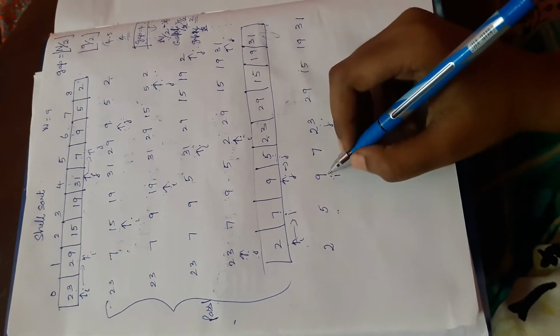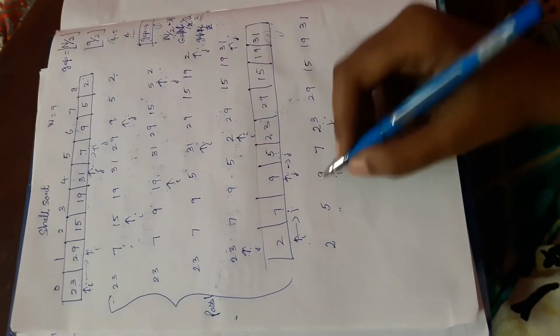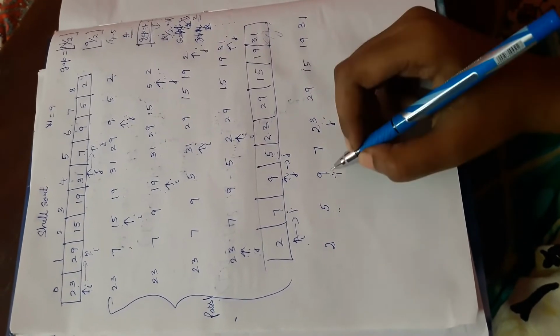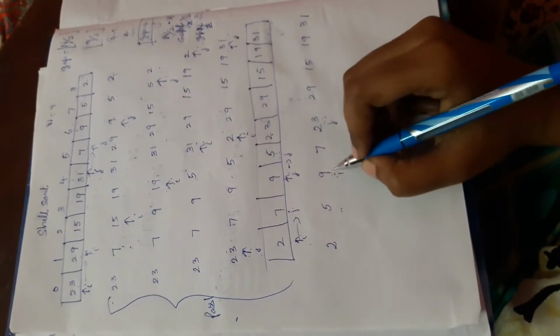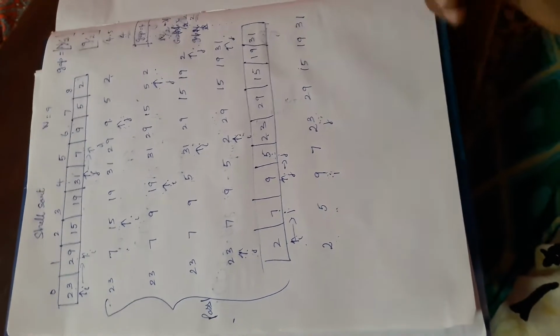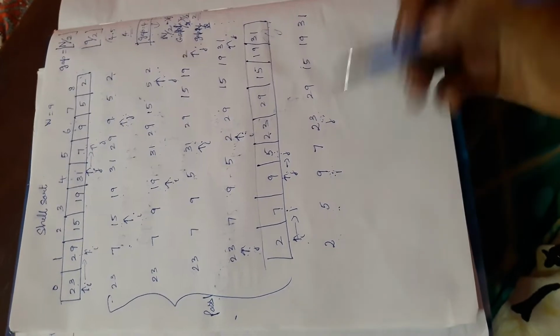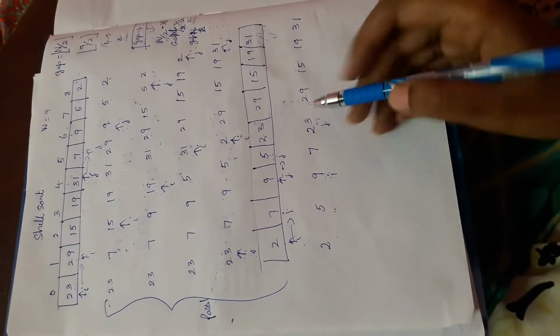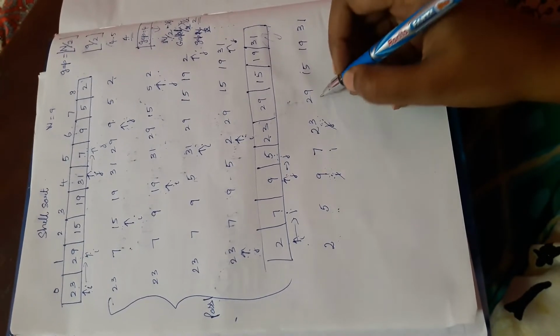I don't want to compare it with the value two before, because whenever shifting, that is, changing of the position, is done, only then do we need to compare with the one before; otherwise we need not check that condition. So 9 and 23, there is no shifting, so I need not compare it before. Next, again I will move i here and j here.